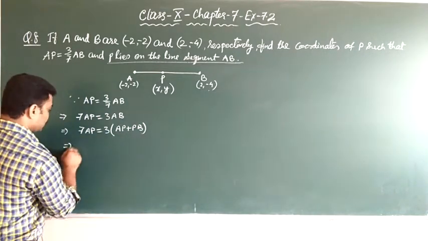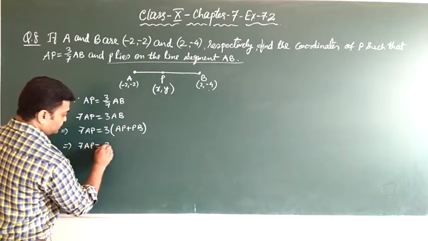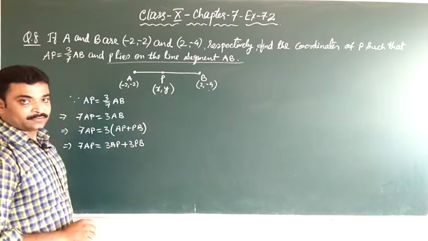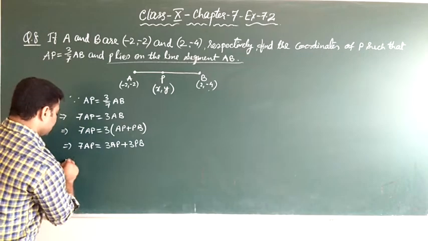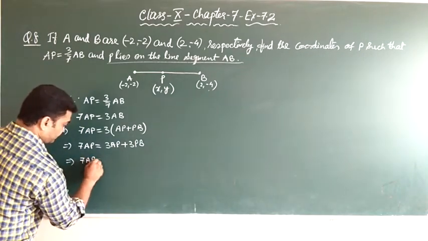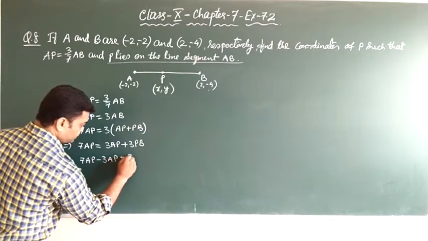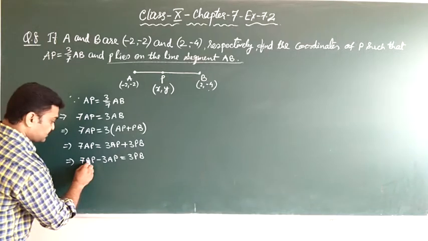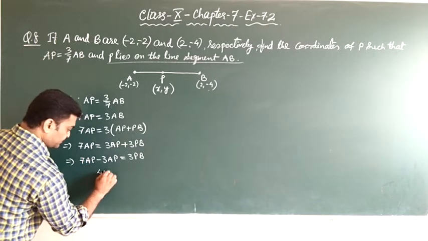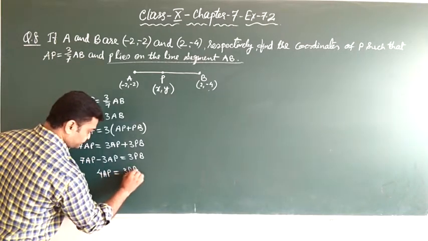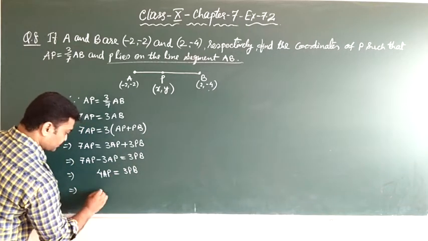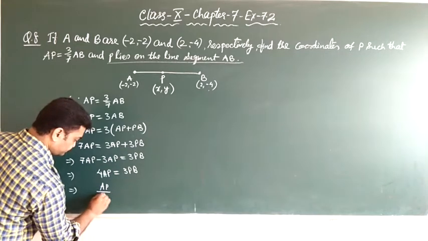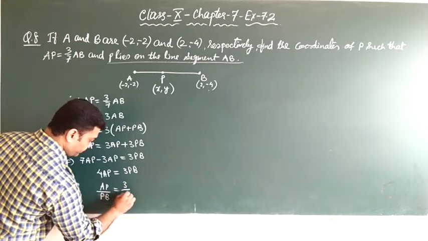Now 7AP is equal to 3AP plus 3PB. Can we write? Yes. Then 7AP minus 3AP is equal to 3PB. Okay. 7AP minus 3AP, that is 4AP is equal to 3PB. And so AP upon PB is equal to 3/4.